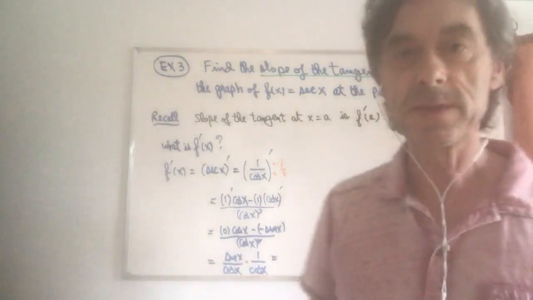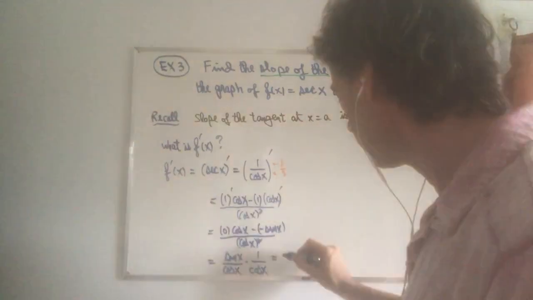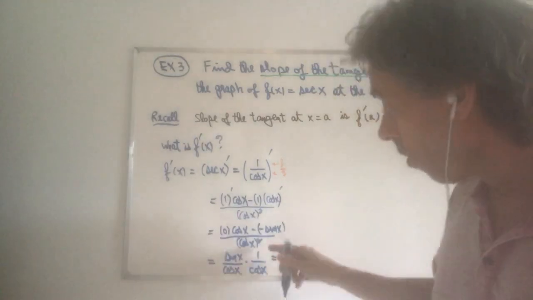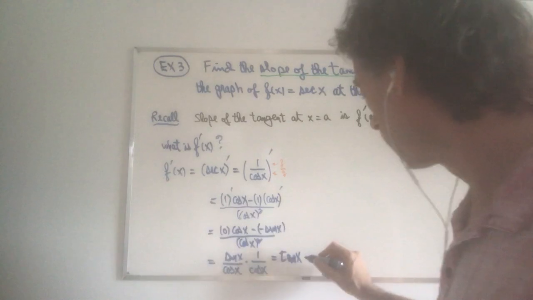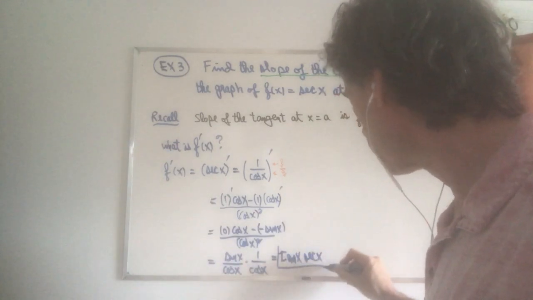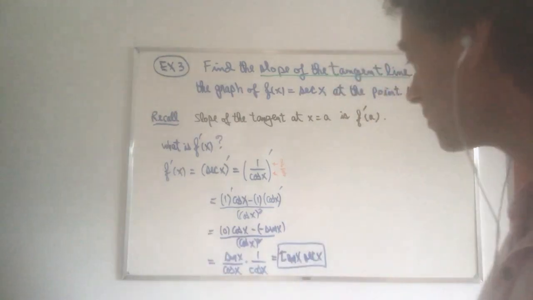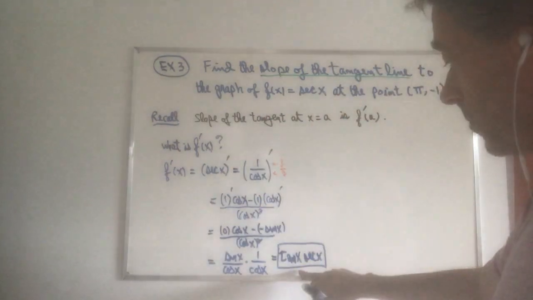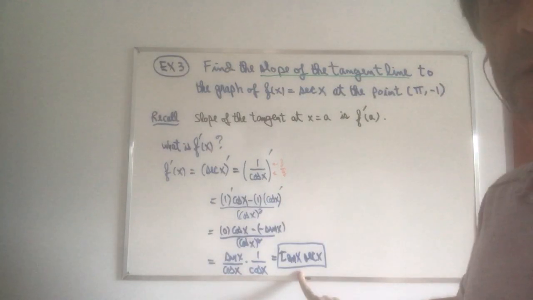Sine over cos is tangent. 1 over cos is secant.